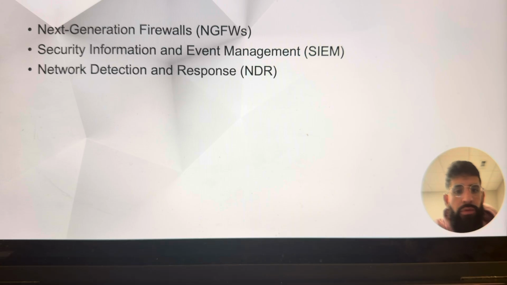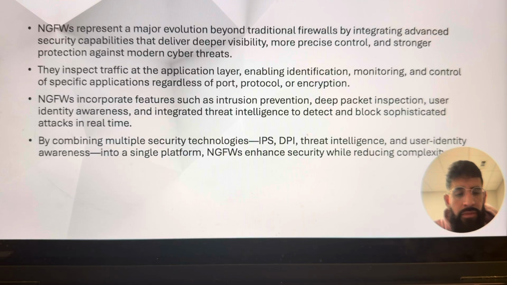So other similar products that we have are next-generation firewalls, security information and event management, and network detection and response. Next-generation firewalls represent a major evolution beyond traditional firewalls by integrating advanced security capabilities that deliver deeper visibility, more precise control, and stronger protection against modern cyber threats.